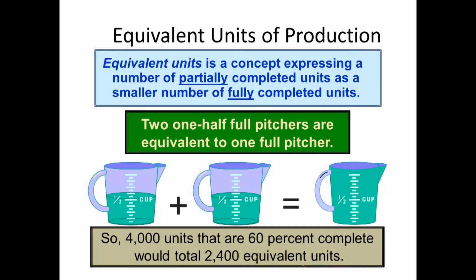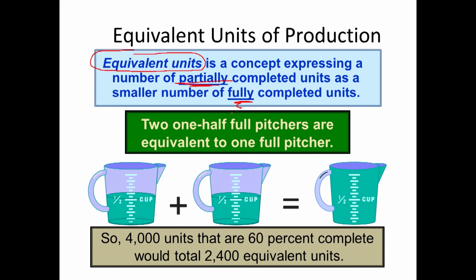Now, what is an equivalent unit? Equivalent units is a concept that expresses a number of partially completed units as a smaller number of fully completed units. So they give you an example of 2 1/2 full pitchers being equivalent to 1 full pitcher of water.